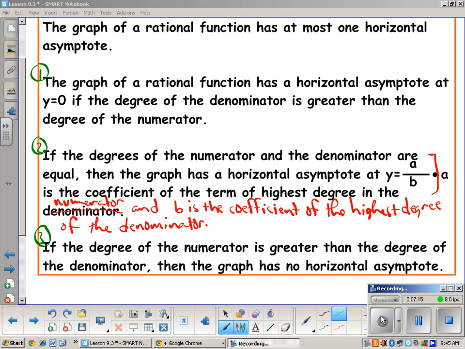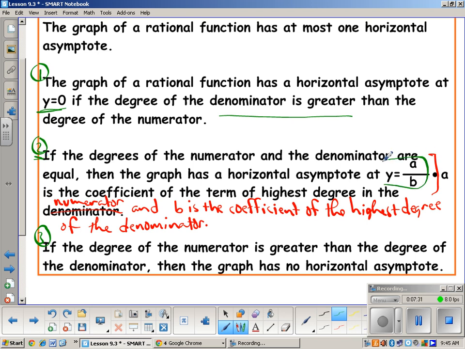If the degree of the denominator is bigger, then the horizontal asymptote will be at the x-axis, y equals 0. If they're the same, then it will be at the line y equals a over b, where a is the coefficient of the highest degree term in the numerator, b is the coefficient of the highest degree term in the denominator.